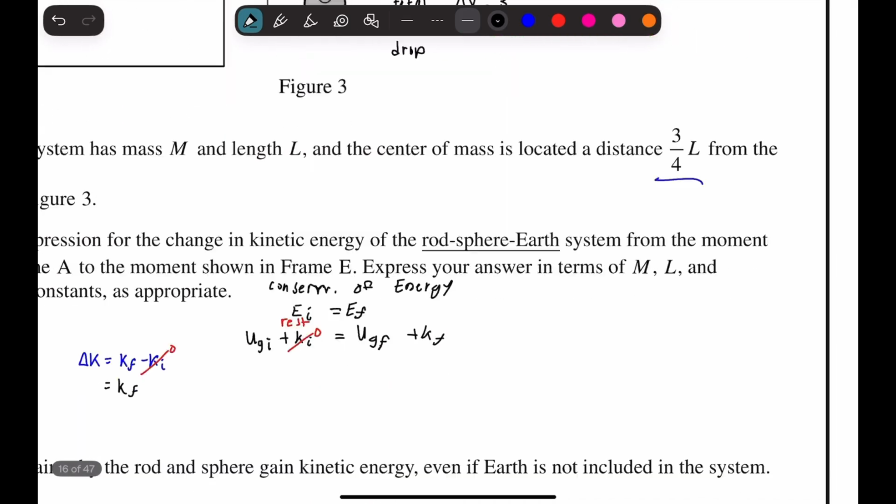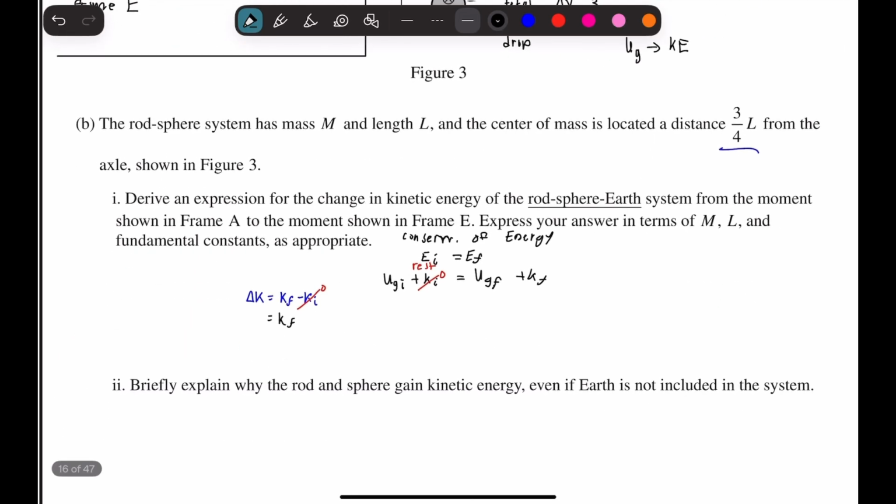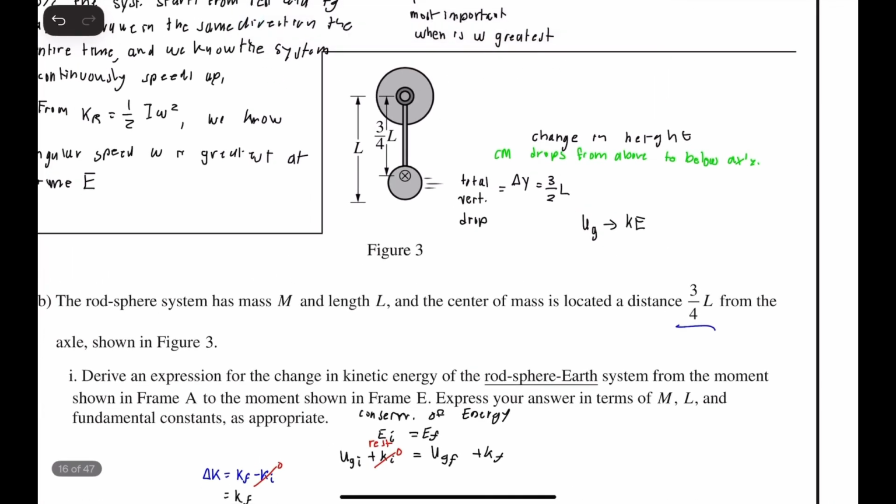Now, what we want to do is convert gravitational potential energy into kinetic energy. And in order to do that, let's move this up a little bit.